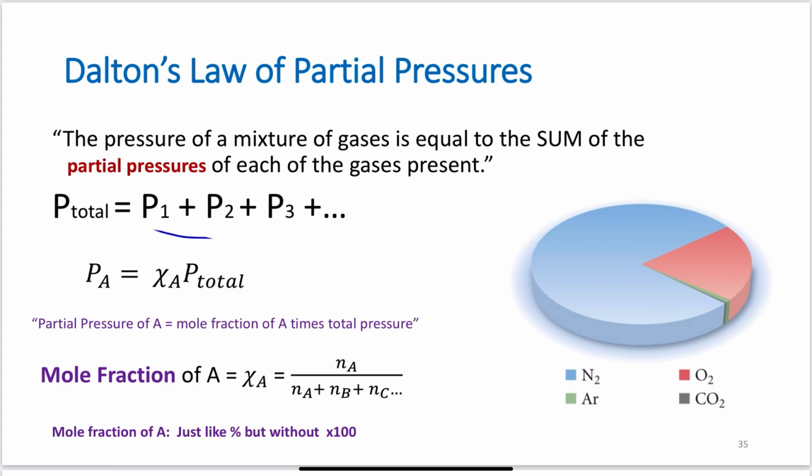So Dalton's law of partial pressures states the pressure of a mixture of gases is equal to the sum of the partial pressures of each of the gases present. The definition of partial pressure is the pressure that an individual gas in a mixture of gases would exert if it were by itself at the same temperature and the same volume.